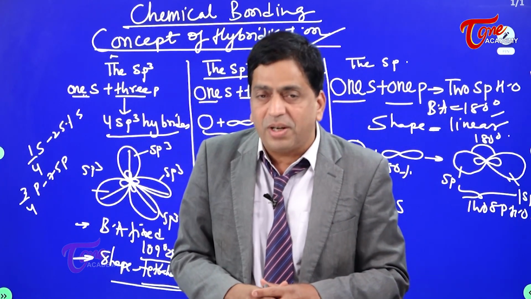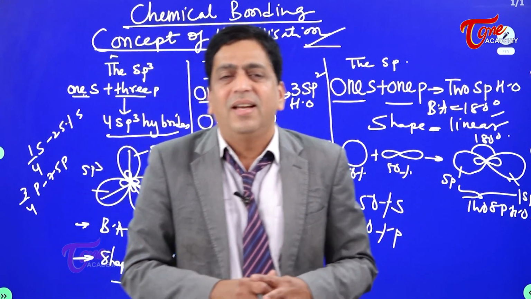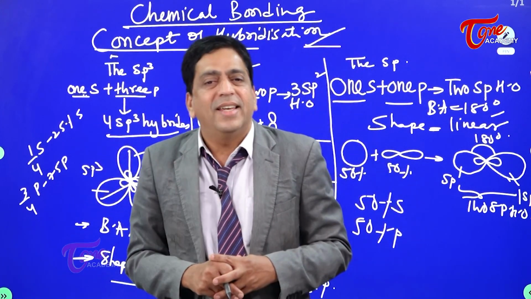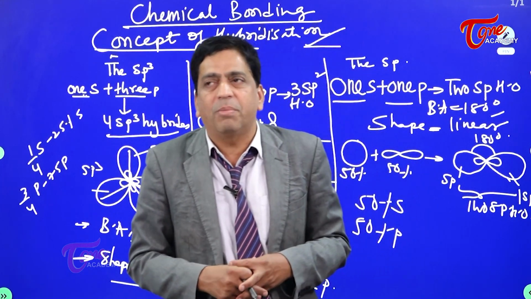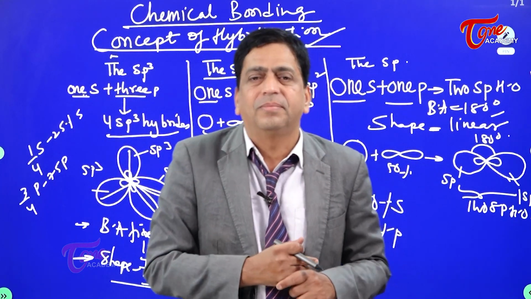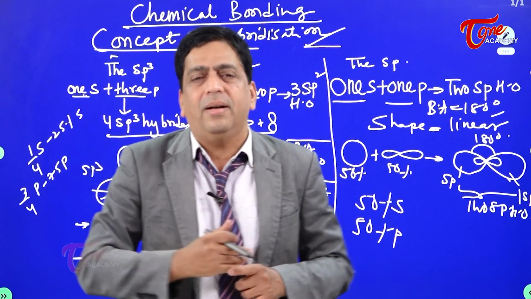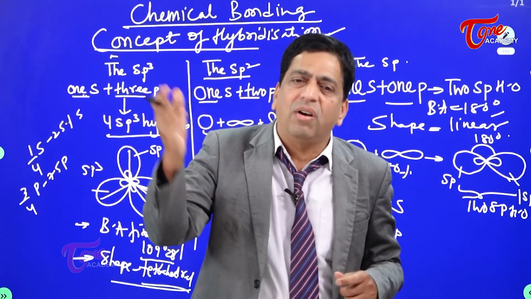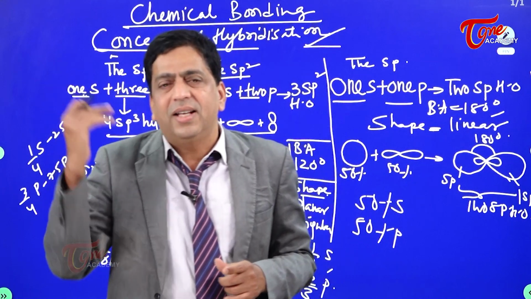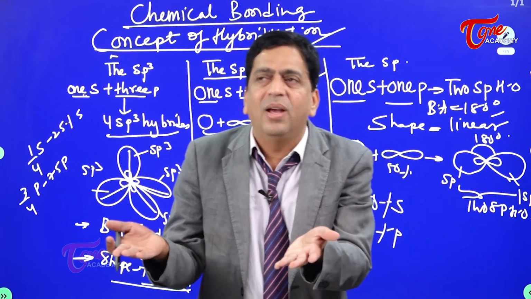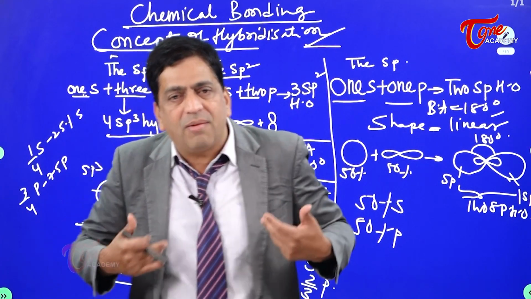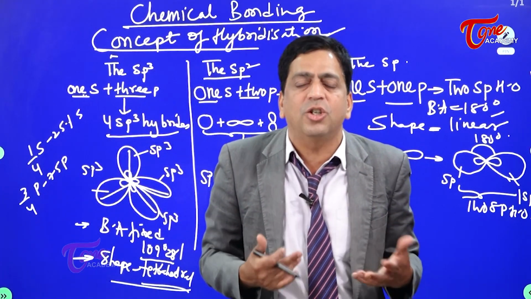This I wanted to repeat n number of times. Hybridization is no method of preparation. There is absolutely no method of preparation for molecules. Molecules are already there. Their bond angles are known. Only thing is we require a theory which will explain why such a thing is happening. After all, we are science people. We must have rational thinking.